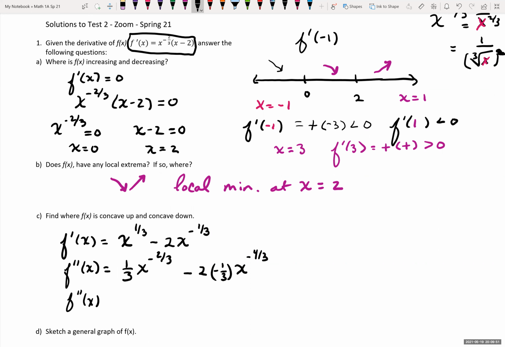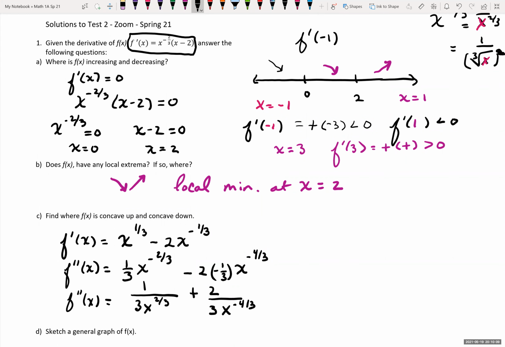We can clean it up a little bit if we wanted to. So this is the same thing as 1/3 x to the 2/3 power. Here's a negative and a negative, so this is plus 2/3 x to the negative 4/3 power.